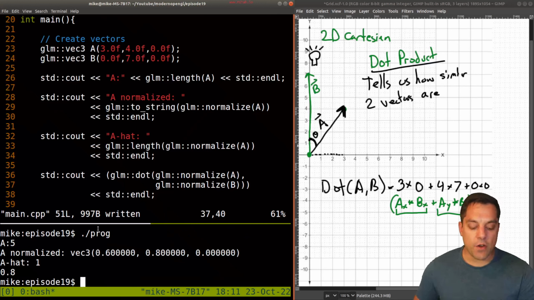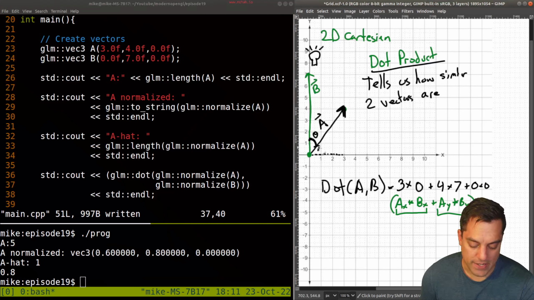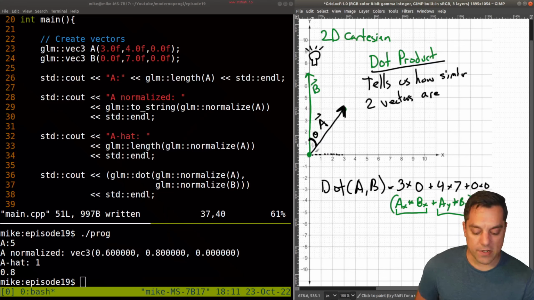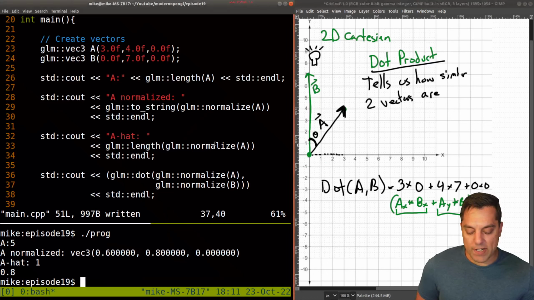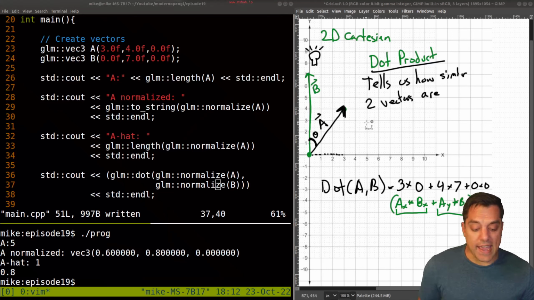Since I know these are both unit vectors, smaller vectors very close to the origin, I've normalized them, so they fit within our unit circle. I get this value 0.8. Now, what can I do with this? This is where I can use an actual function to get the angle between these.